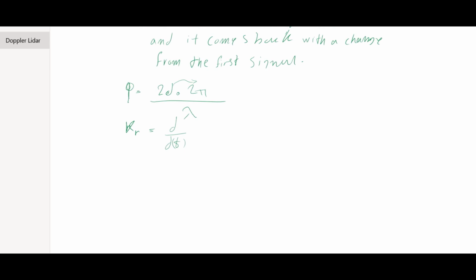If my phase changes, what I would have is d phi over dt, and so instead of d we are going to have Vr, and that would be 4 pi velocity of radial over my lambda.